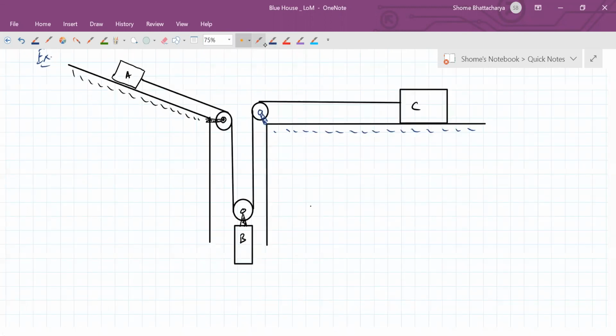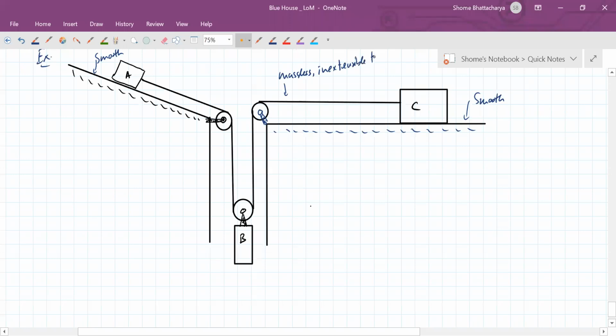Okay. All surfaces are smooth. And this is a massless, inextensible string. Okay. Now, also given to us that this inclined plane here is at an angle of 30 degrees with the horizontal like this.